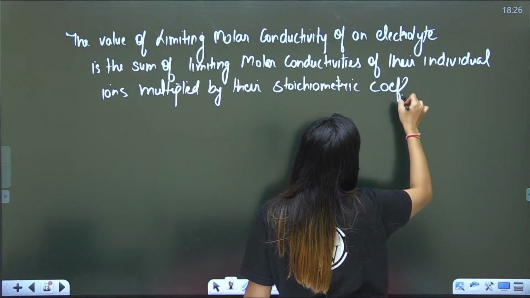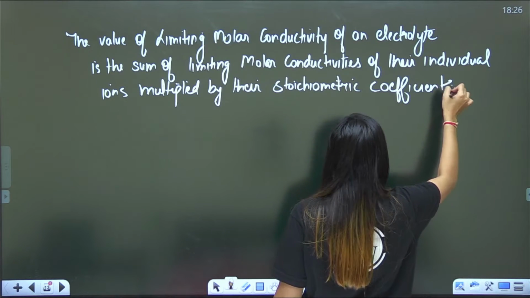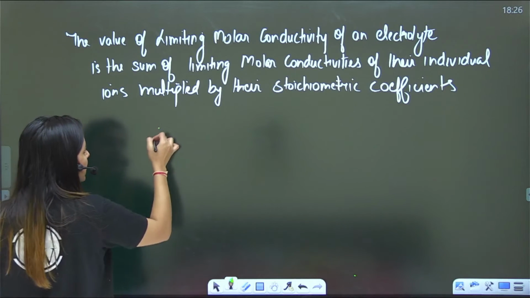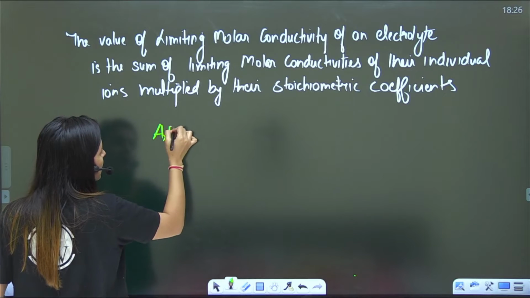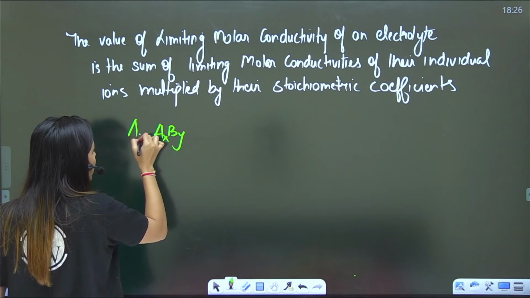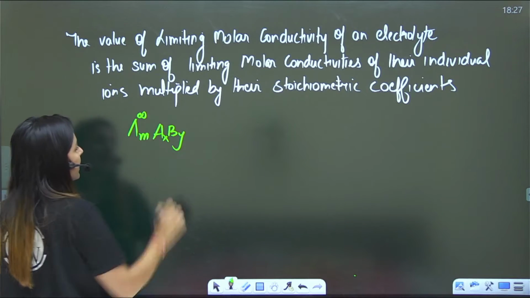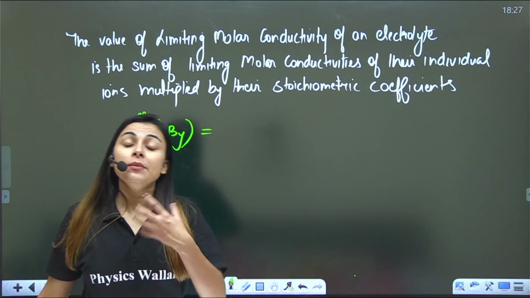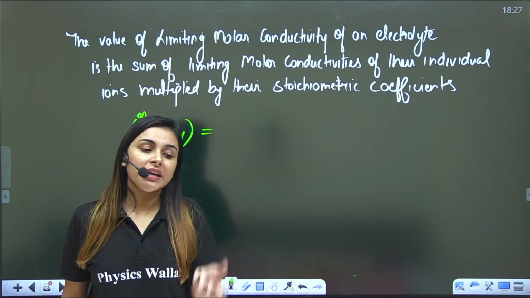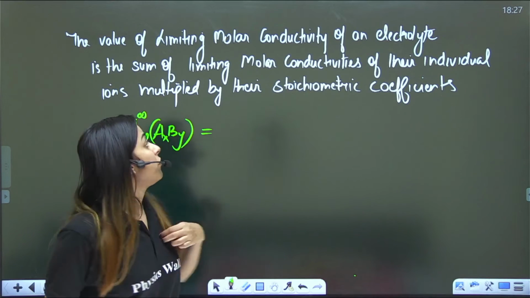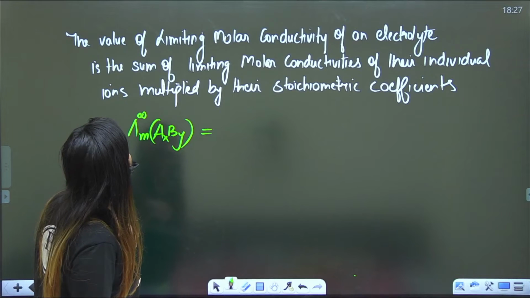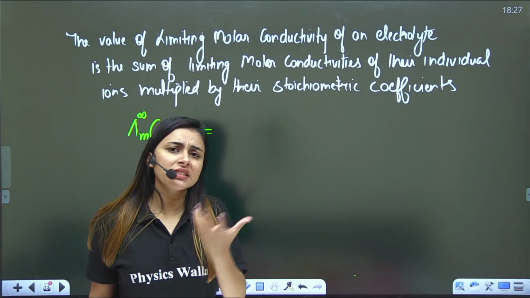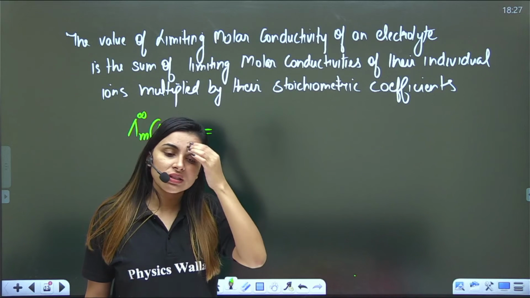Now let's understand what this means. So my dear students, let's say you have an electrolyte AxBy and you need to calculate its molar conductivity at infinite dilution. So Kohlrausch says that the limiting molar conductivity of an electrolyte will be equal to the sum of limiting molar conductivities of the individual ions, because that is their own value which is unique to them.